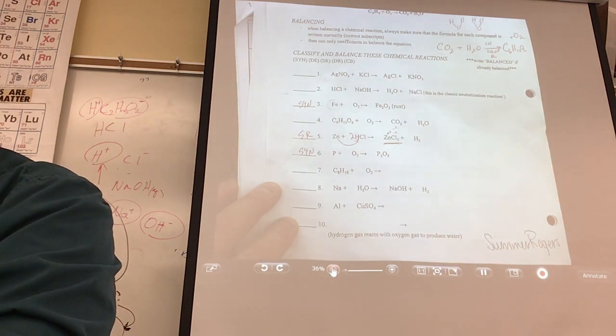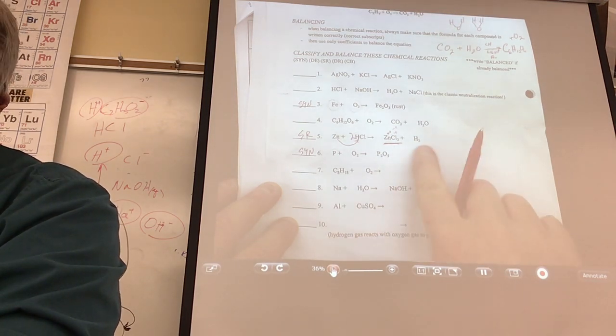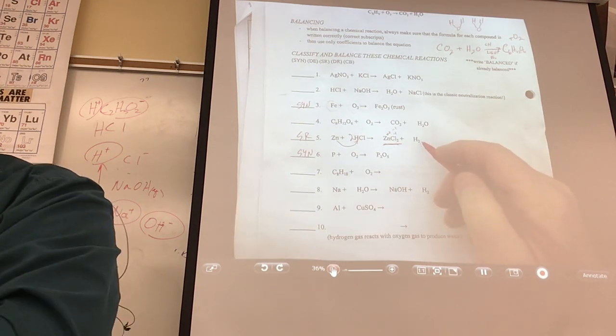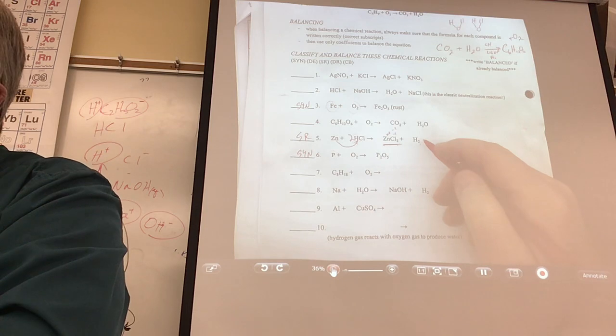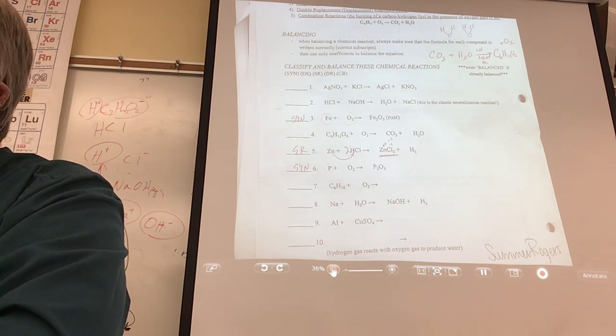Because it needs to be balanced. No, I'm going to balance it with coefficients, but what made me write H2? These are called subscripts. Subscripts are the little tiny number. And I know it's not the easiest question, but I'll give you a clue. It has something to do with the question that Kyle answered.